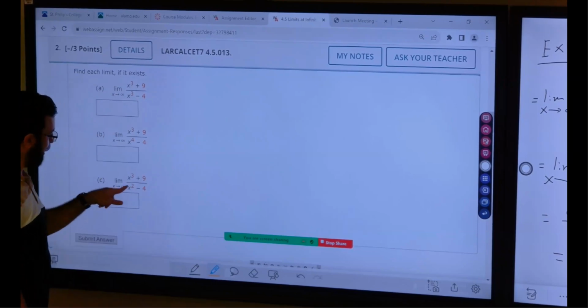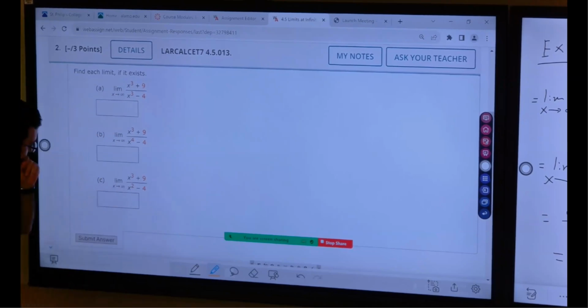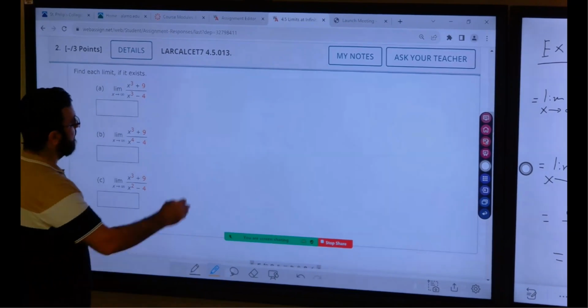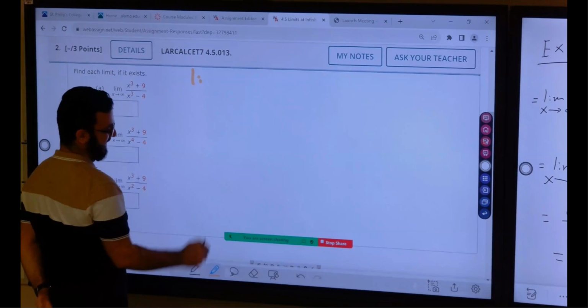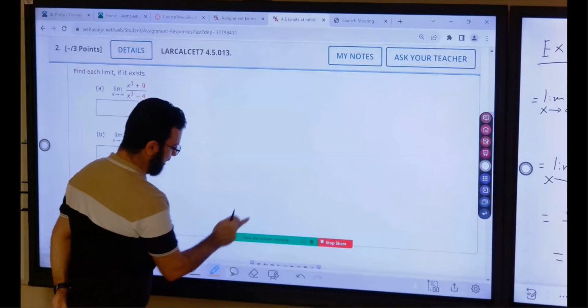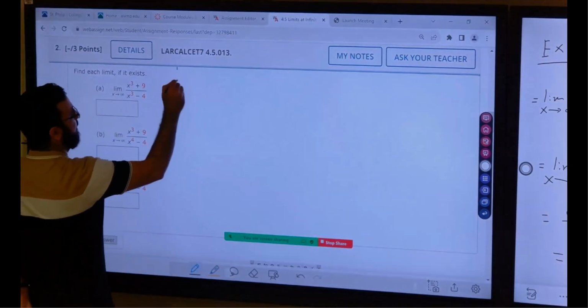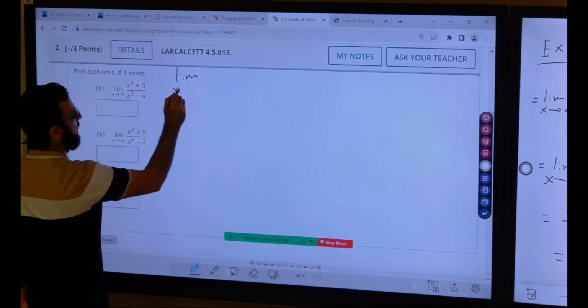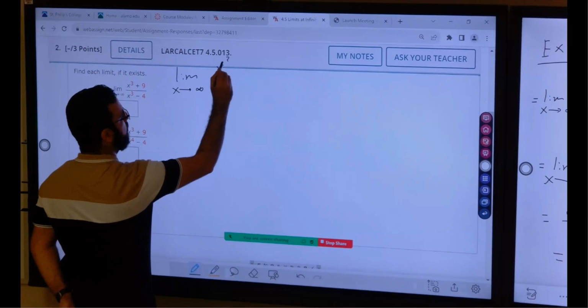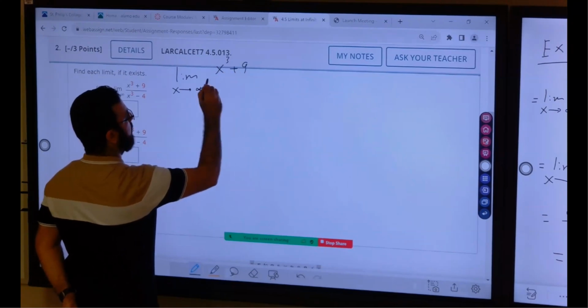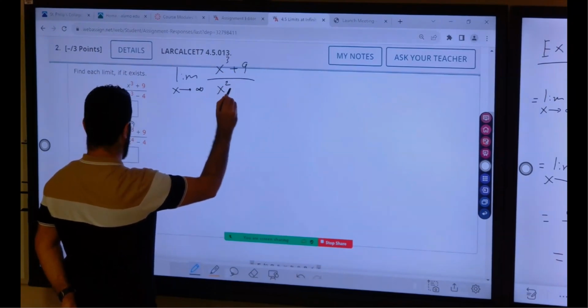Now, let's work on this one. Same thing. The limit when x approaches infinity of x cubed plus 9 over x squared minus 4.